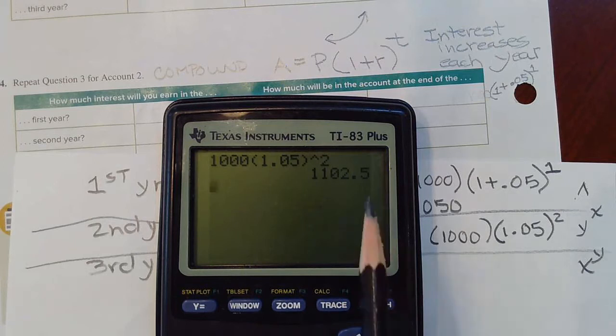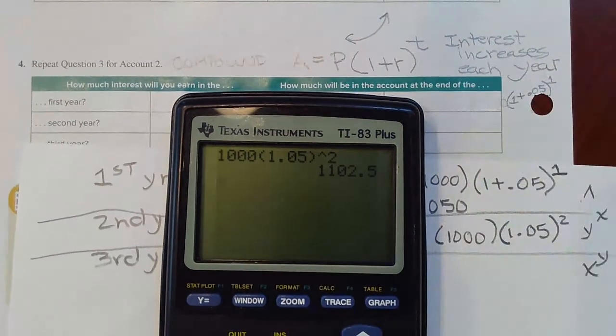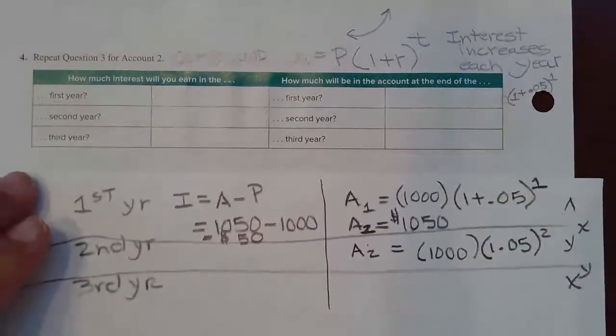It's different by $2.50 because in the simple interest account, the table that I just did above this, you only had $1,100, not the extra $2.50. As you get further and further out in time, the amounts begin to separate more drastically.